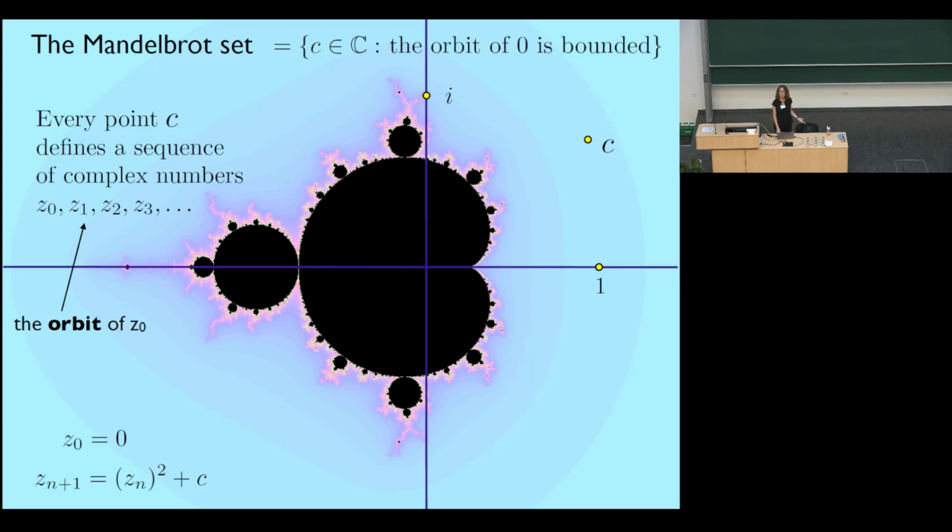Okay, so why is that interesting? Why have we spent so many years studying this object with this kind of peculiar definition? Well, the reason is because the Mandelbrot set is so much more than just the set of parameters for which the orbit of 0 is bounded.